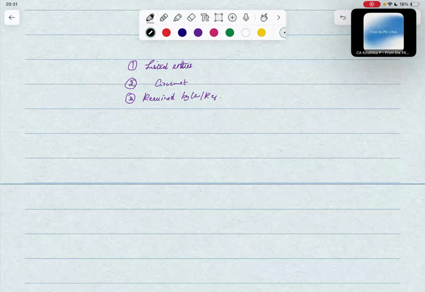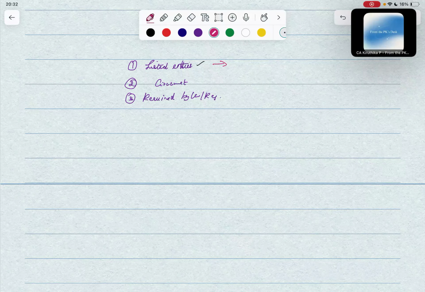Now I have this question. You can ping in the comments also. Of course, we understand that for listed entities' audit it is mandatory, but why is it mandatory for listed entities' audit? It could have been optional for listed entities also, right? Why has this been made mandatory?